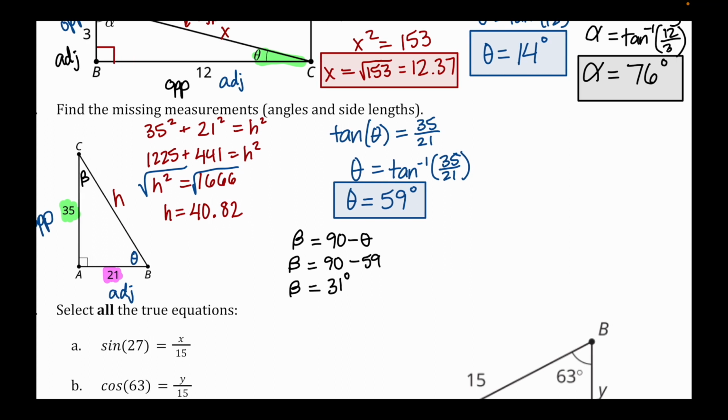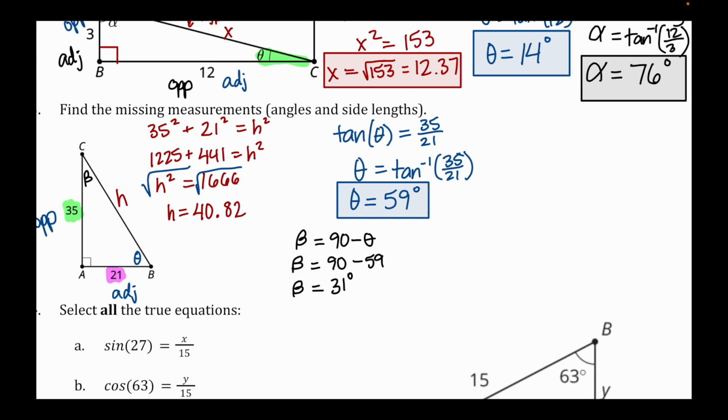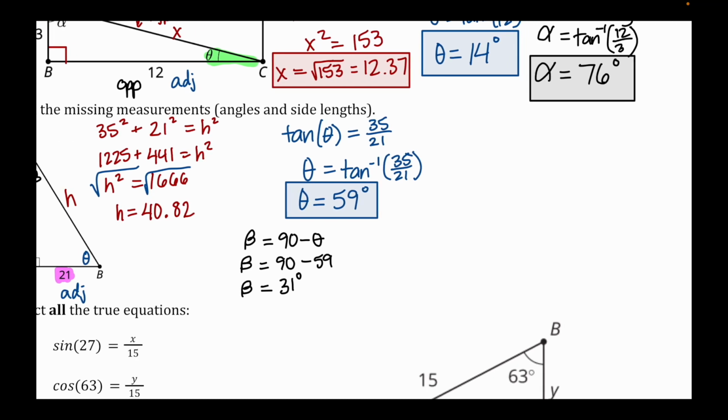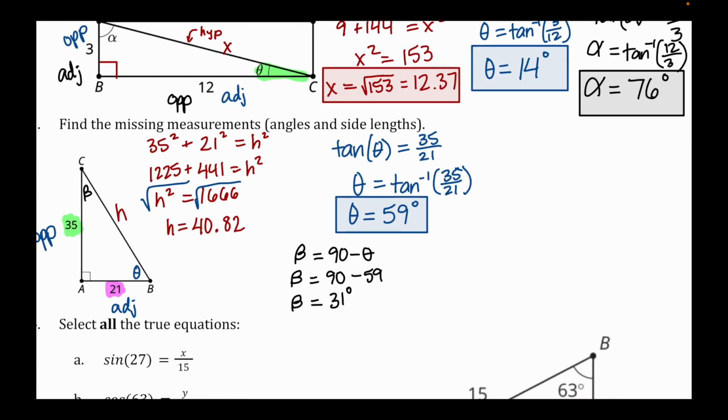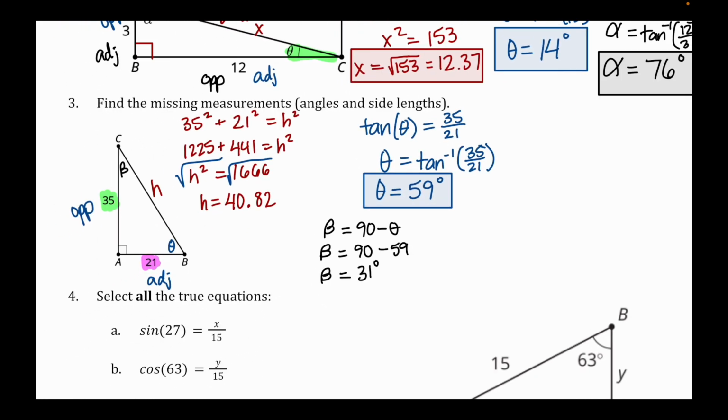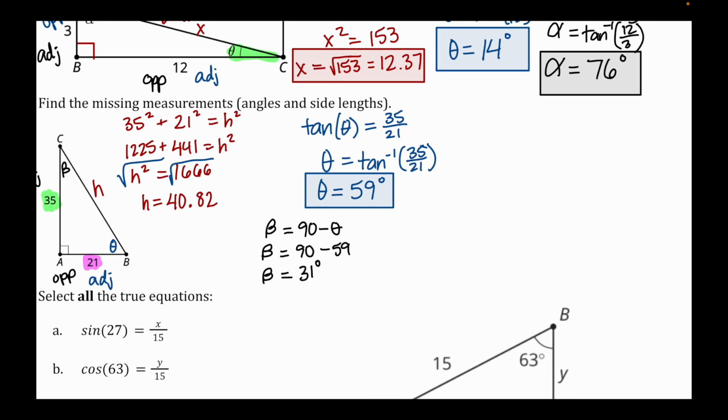But because you might have started with angle C, I'm going to actually show that work over here too, the same way I did for the one above. So for C, which is the angle measure beta, this one here is the opposite. So the 21 is the opposite, and then over on the left is going to be the adjacent. We're still going to use tangent, so I would say that tangent of beta is going to be 21 over 35.